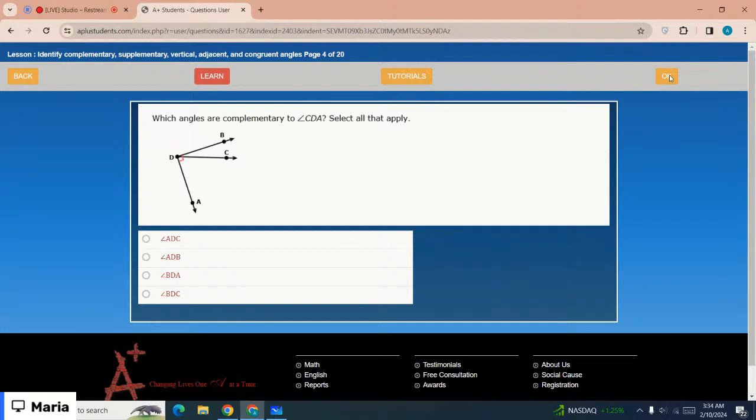Which angles are complementary to angle CDA?